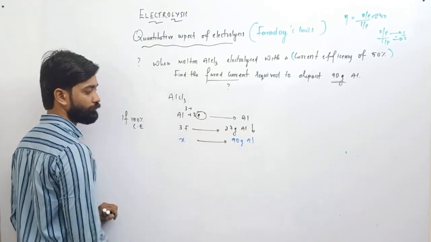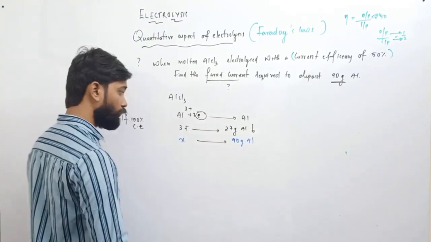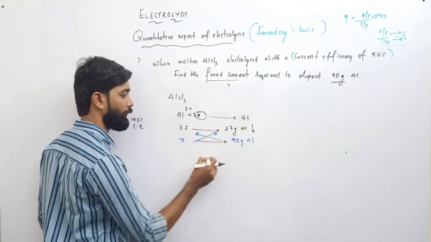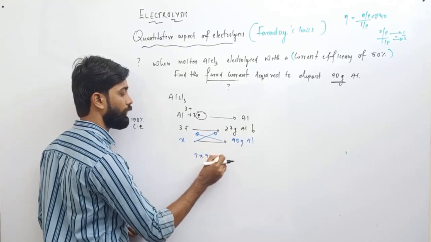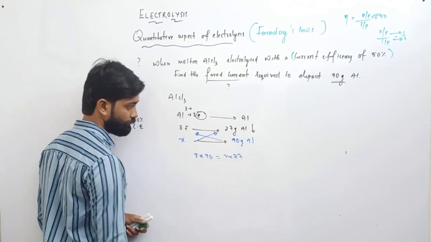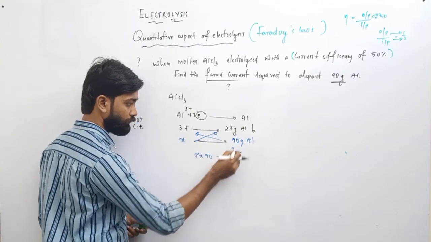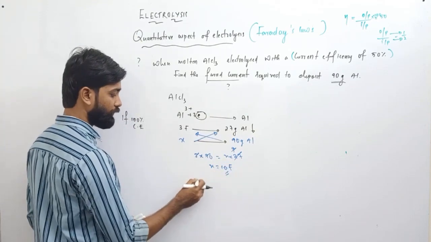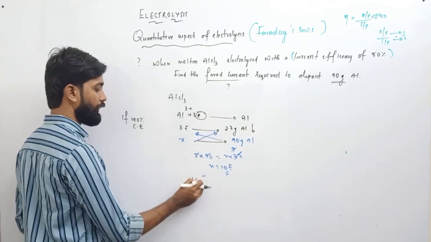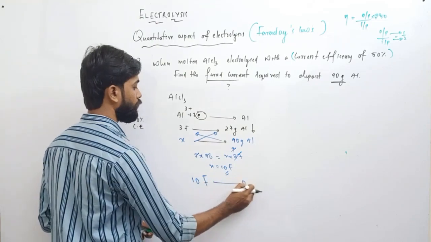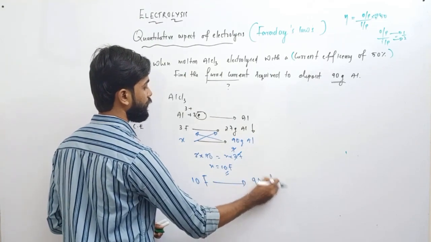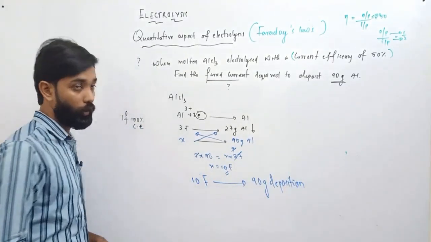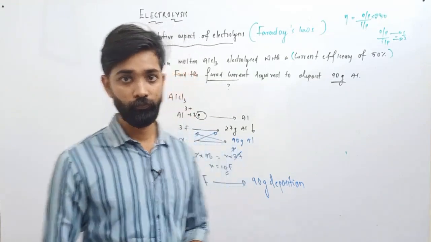Let it be X. Simply cross multiply. 3 into 90 equals X into 27. So X is equal to 10. So 10 farad is required for 90 gram deposition.